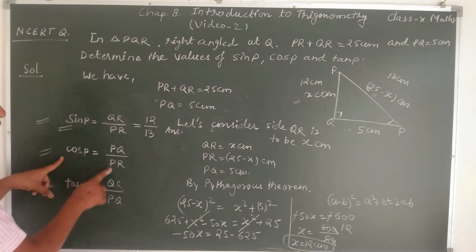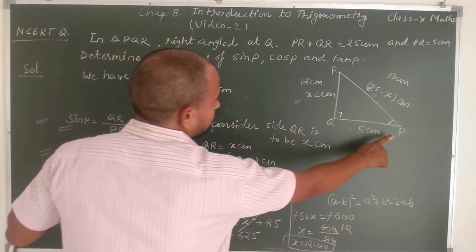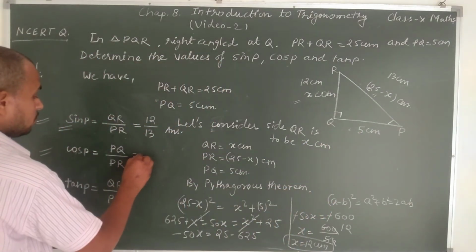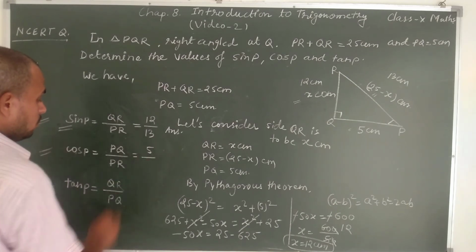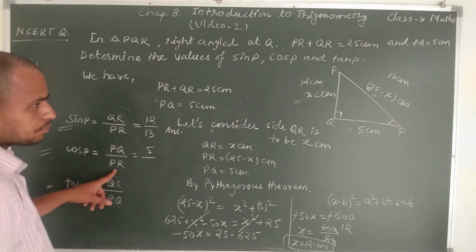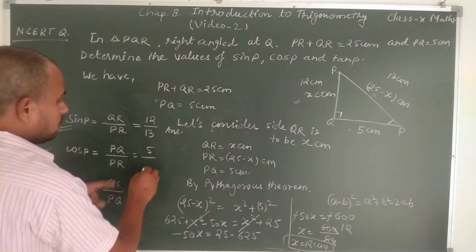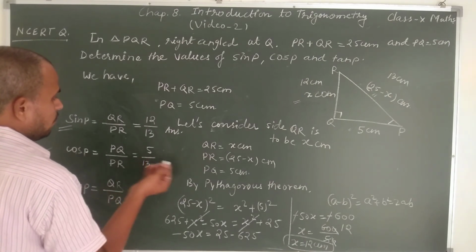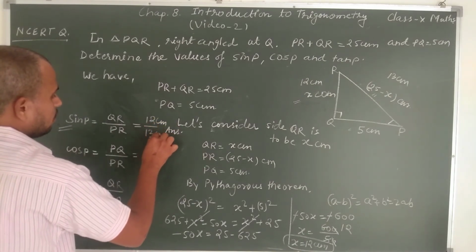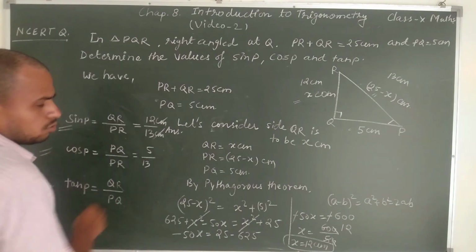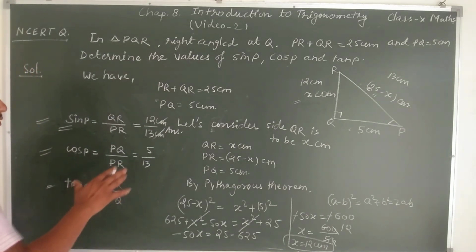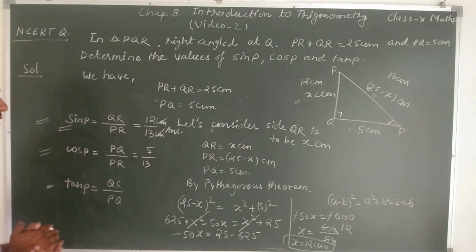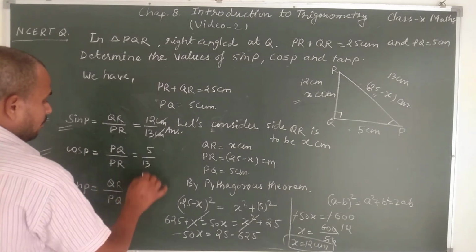Now we find cos P. Cos P is PQ upon PR, 5 centimeter upon 13 centimeter. The centimeter cancels out, so writing it is not mandatory. So cos P is 5 upon 13.